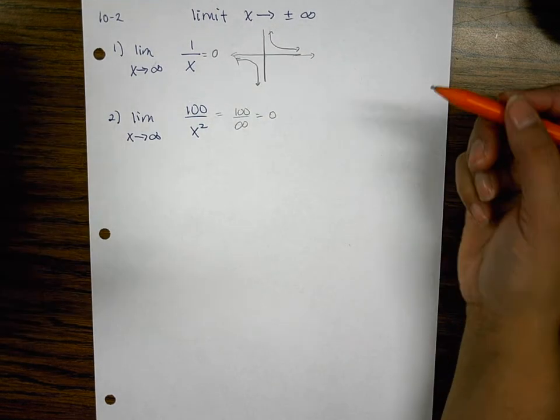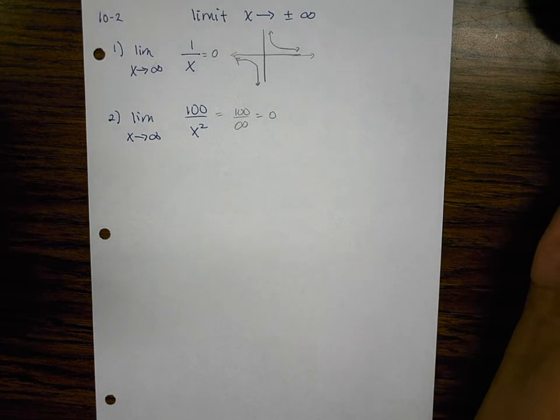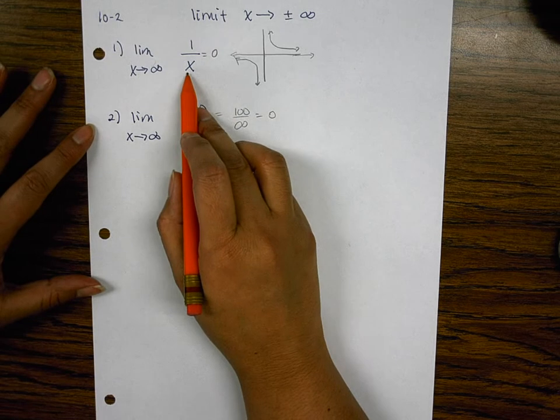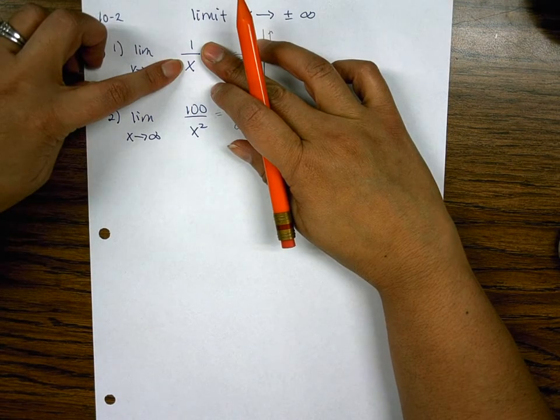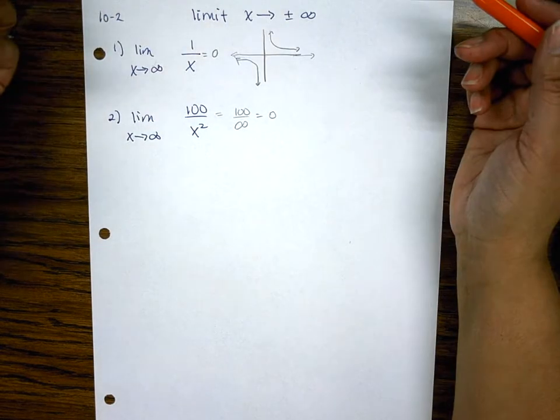Which is the same thing as this one here. 1 over infinity, if you think of it that way, you have $1 and you divide it amongst an infinite amount of people, it's going to equal 0.